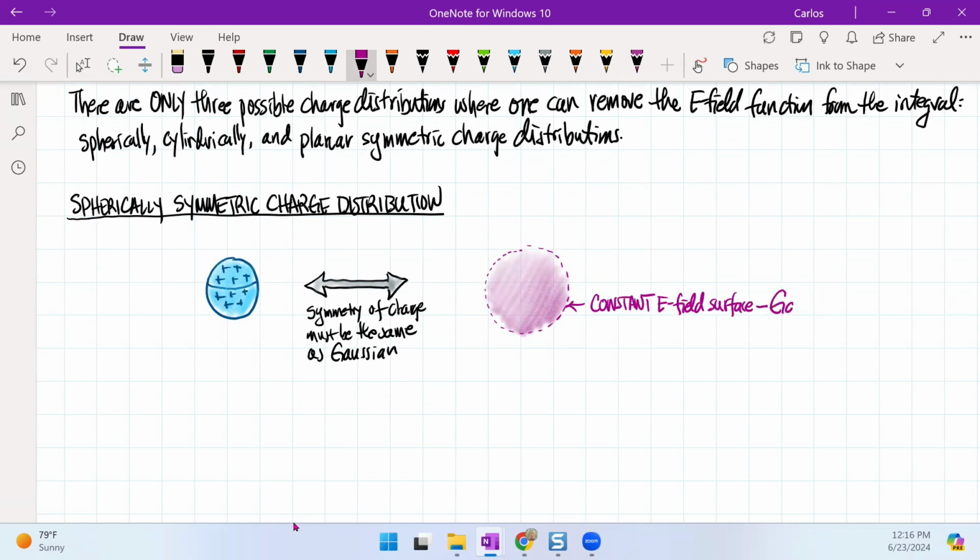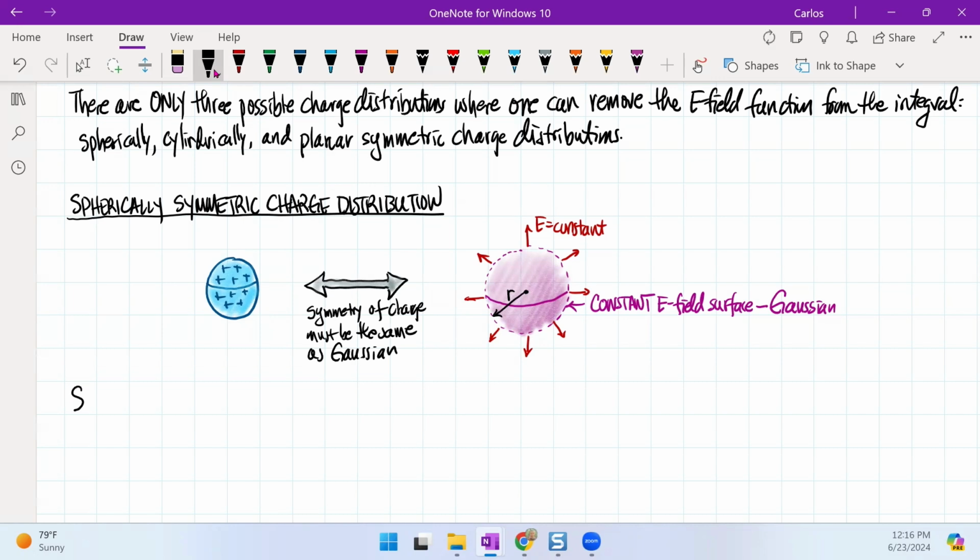That is, of course, my Gaussian. It has to be the same shape as the charge distribution. So when I look at my field poking out of the Gaussian, I'm seeing a uniform field here, and it's constant in magnitude everywhere. This Gaussian has some radius r.